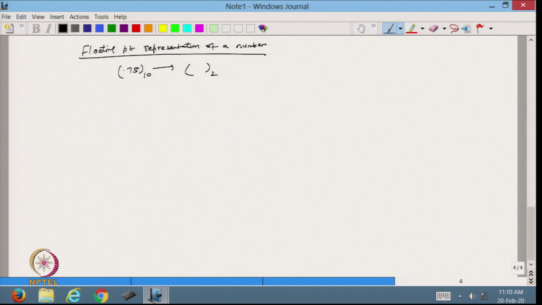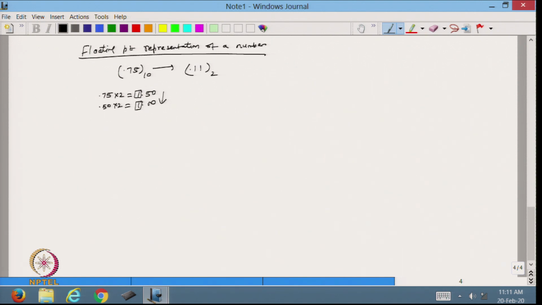Integers we know, but for the fractional part, suppose I have 0.75, how do I convert it into binary form? What I will do is multiply this by 2. It gives me 1.50. I keep the fractional part, and again I write 0.50 into 2, and now it gives 1.00. So the fractional part is 0 now. By this way we can calculate. So it gives me 0.11.